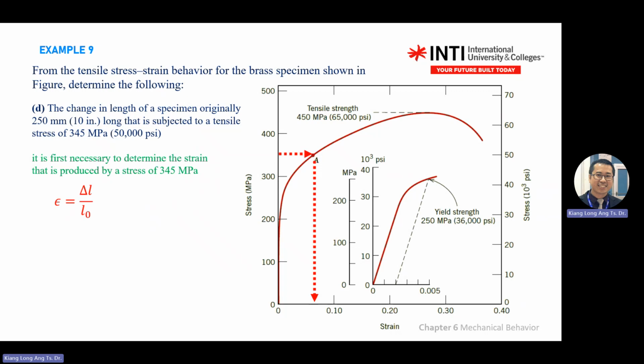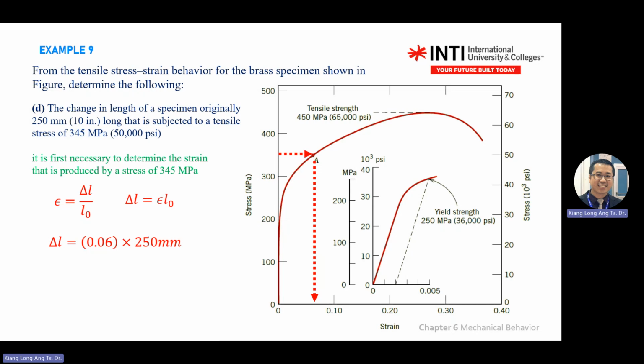Okay, you get some value, cannot be less than 0.05, is about 0.6 or 0.7, maybe 0.7, right? So you know that strain equals the deformation ratio, right? So here we use the value from here, 0.06.